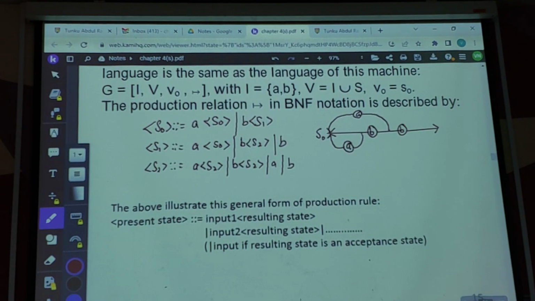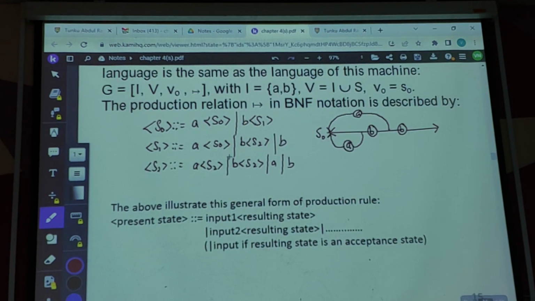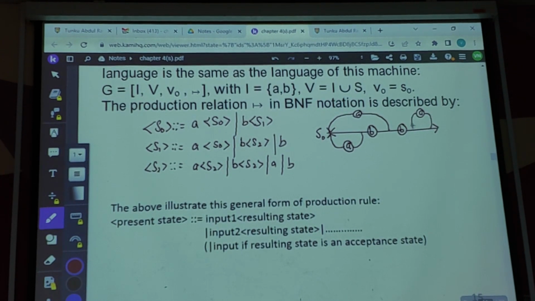Now, after the B here, it can go out already. But if you go to B, S2, that means at the S2 here, you can have the alternative to loop A, S2 or B, S2 again. So we can have another loop here, which is A, S2, or here, B, S2.